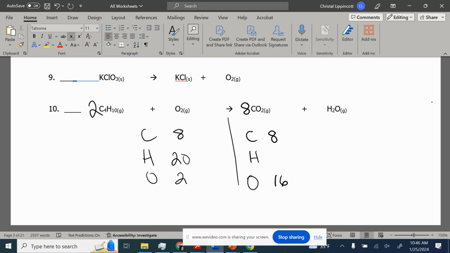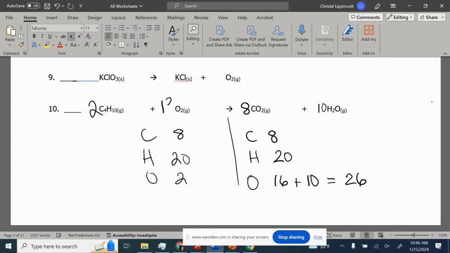Then I'm going to knock on my hydrogen here. Over here, 10 times 2 is the same thing as 2 times 10. So that takes my hydrogens up to 20. And it also gives me another 10 oxygens for a total of 26. So now I need to come over here and get 26 oxygens.